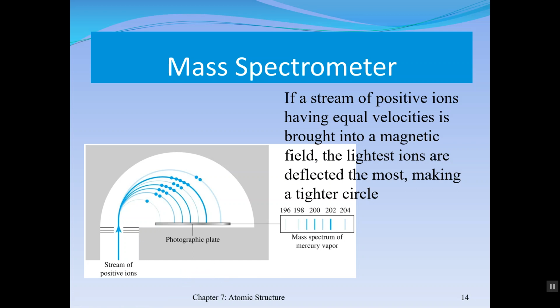On the basis of that, you can see that in this case, the mercury ion, which has a mass of 202, has the brightest line. So of these ions that were formed coming from this region, the mercury ion, which has the mass to charge ratio of 202, would be the most abundant of these ions present. All right, so that's basically what is involved in mass spectrometry.